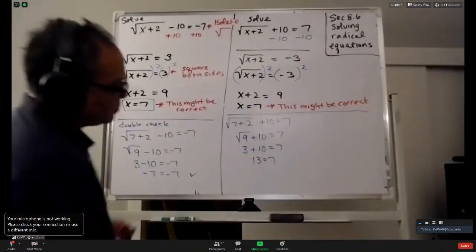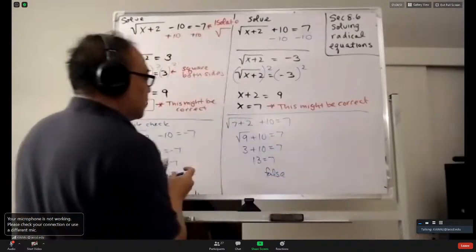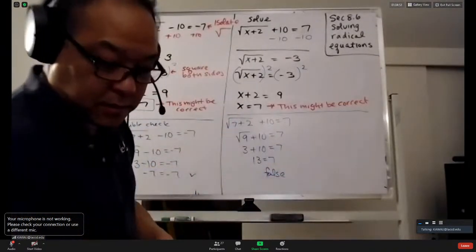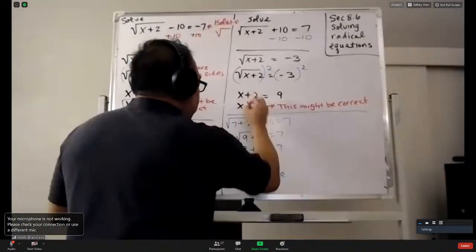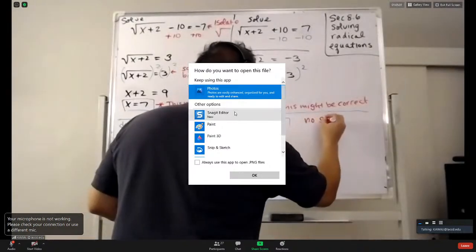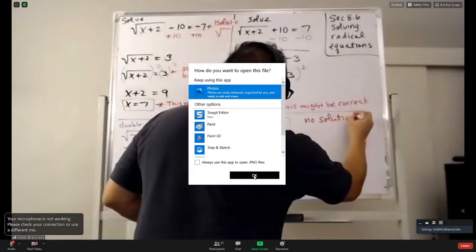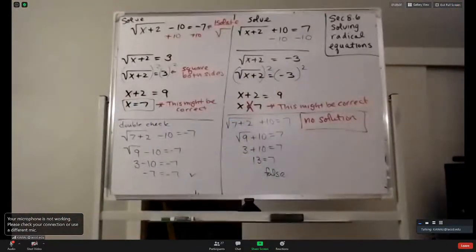That's false. So this is incorrect. And your answer is no solution. I think XYZ says no solution, but does not exist, undefined. They're all the same thing.